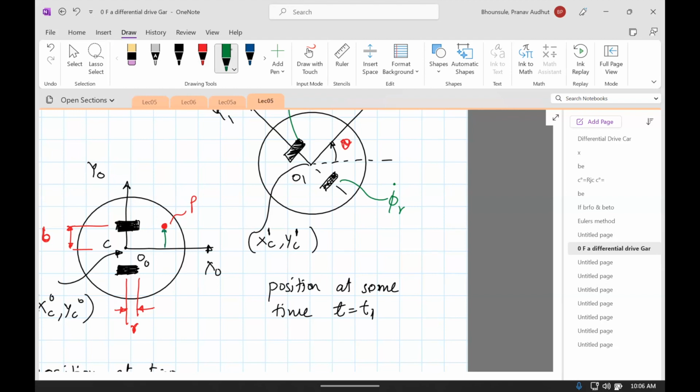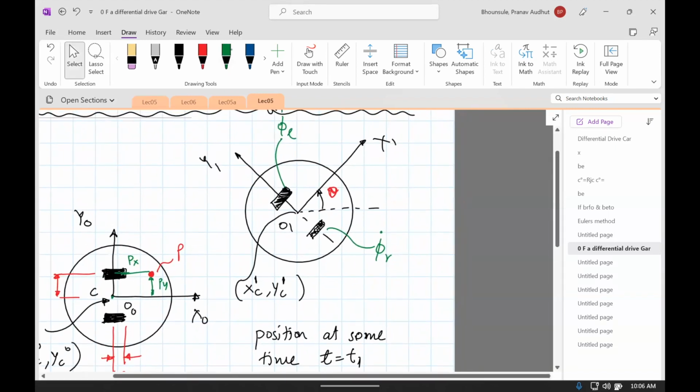So let's say that this distance, along the y-axis, is Py, and this distance is Px. That's the distance from point C. When the car has turned, this point clearly has to be at the same distance with respect to frame 1, right?